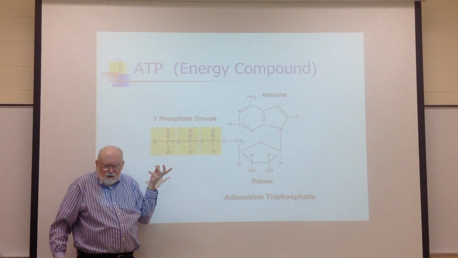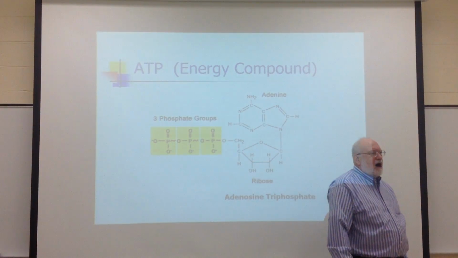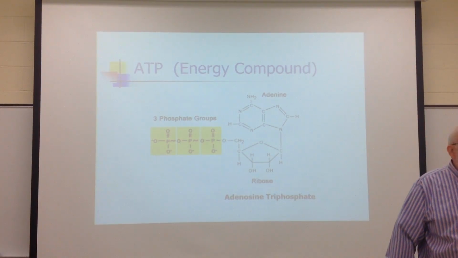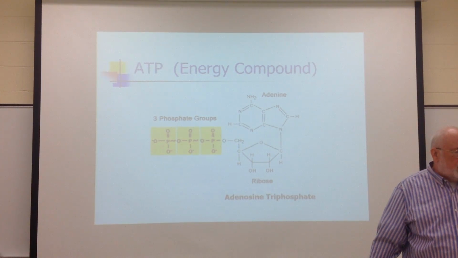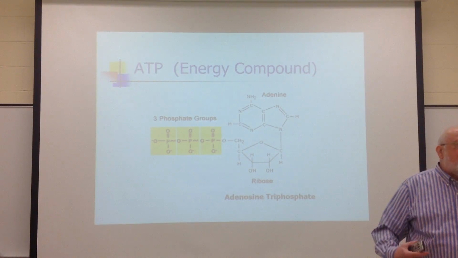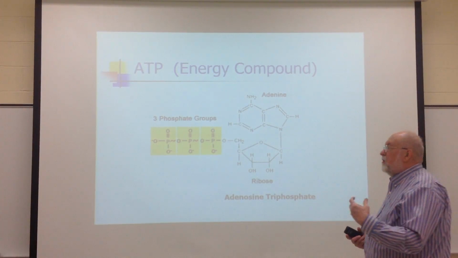What do we need it for? Well, this is typically the molecule we have in cells for storing energy. When you make ATP, you store energy. When you need to use the energy, what are you going to do?